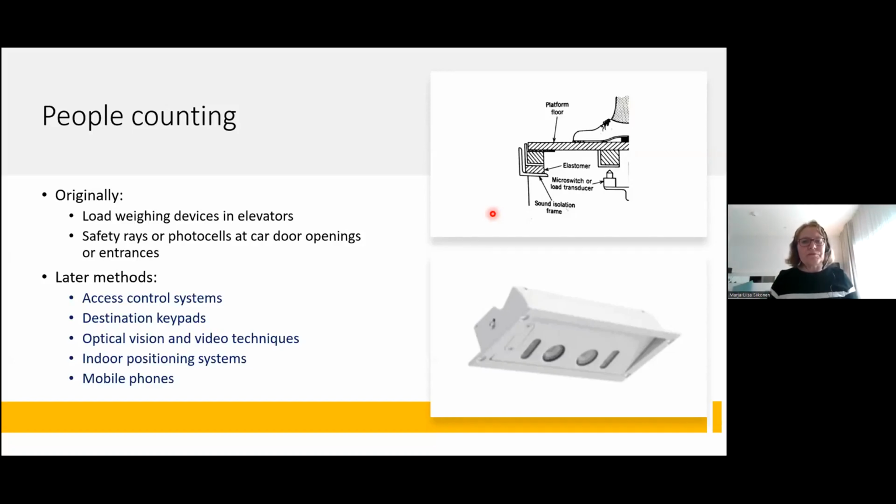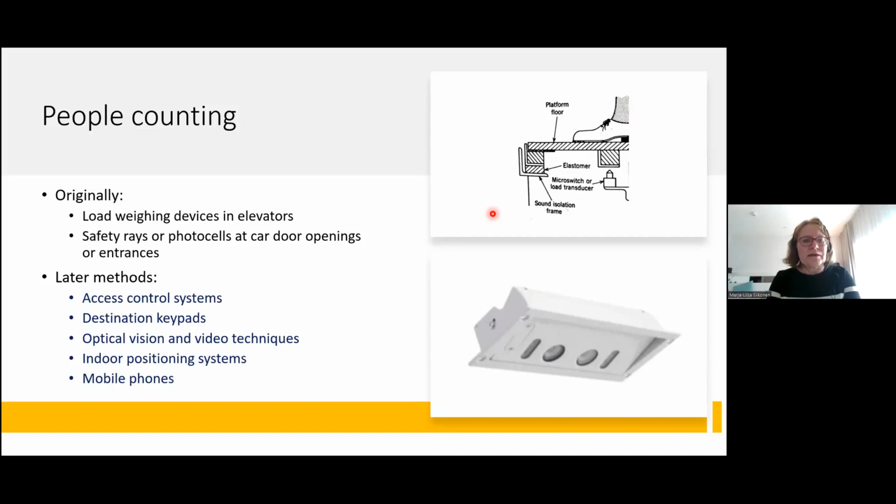Also, there are safety rays or photocells in the elevator door openings to prevent people from getting in between the doors when they move in and out of the car. So these are safety devices that every elevator has.